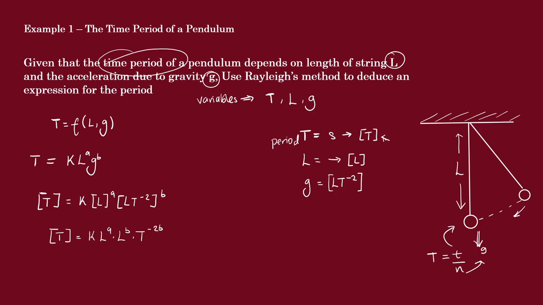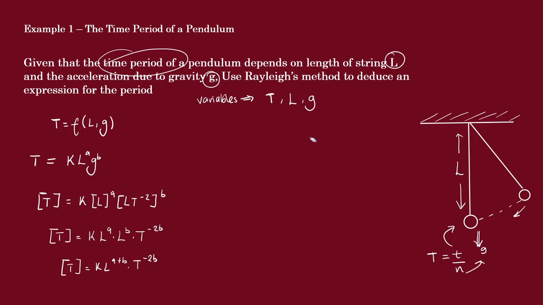So remember our law of indices. Okay, so time is going to be k, L raised to power a plus b, multiplied by T raised to power negative 2b. So now we're going to do the simultaneous simplification that's going to help us end up with our final equation.